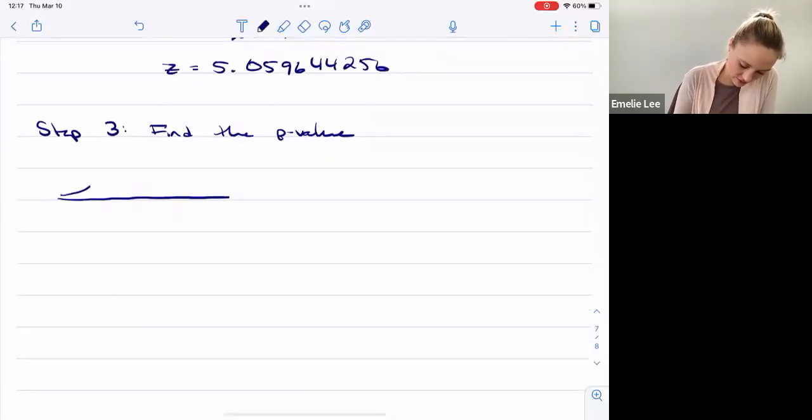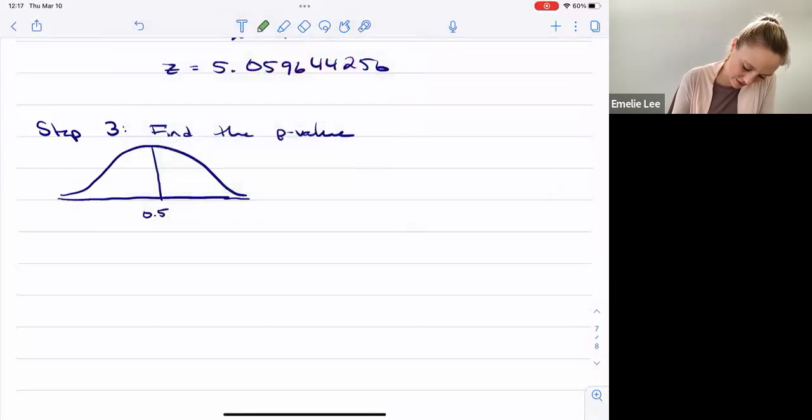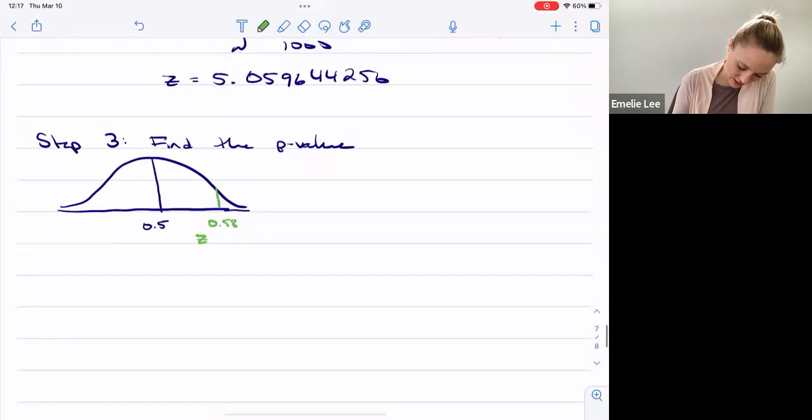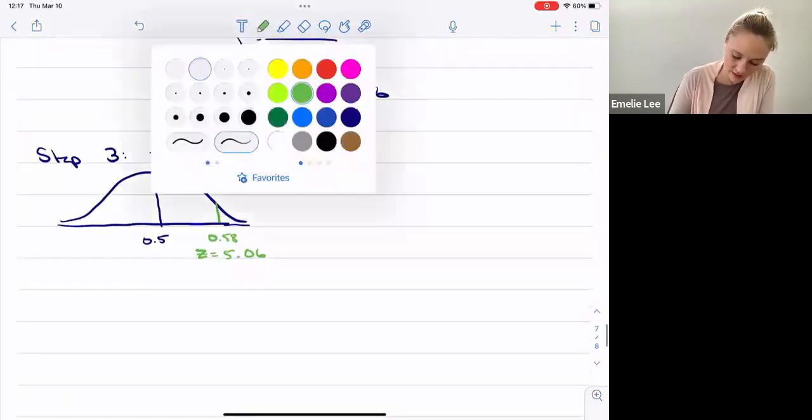Well, I can visualize it if you find that it helps. Centered on 0.5, and I found a sample proportion of 0.58, which is at Z is equal to 5.06, let's call it.